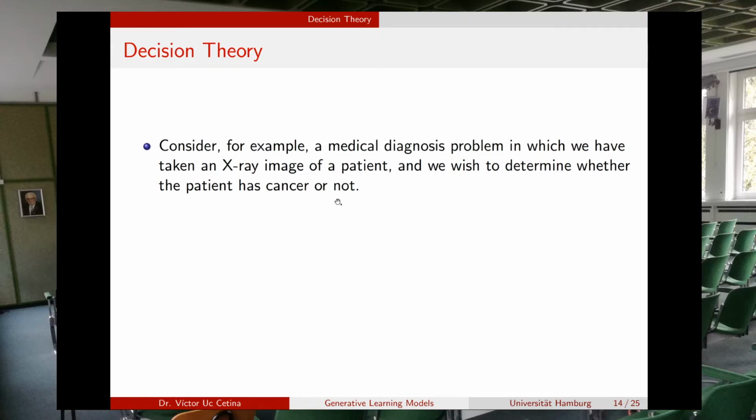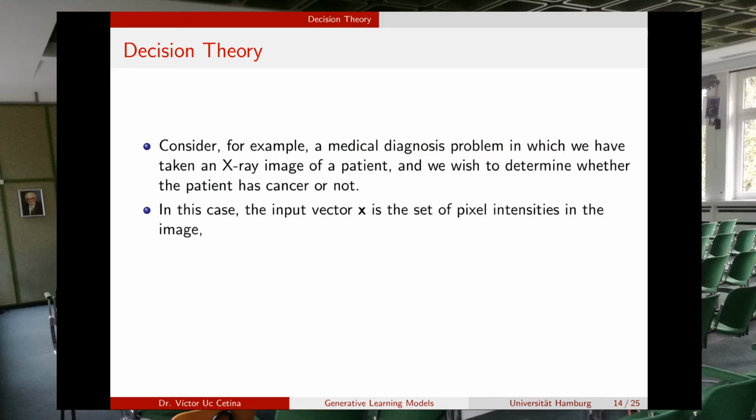So consider, for example, a medical diagnosis problem in which we have taken an X-ray image of a patient, and we wish to determine whether the patient has cancer or not. In this case, the input vector x is the set of pixels in the image. The output variable t will represent the presence of cancer.